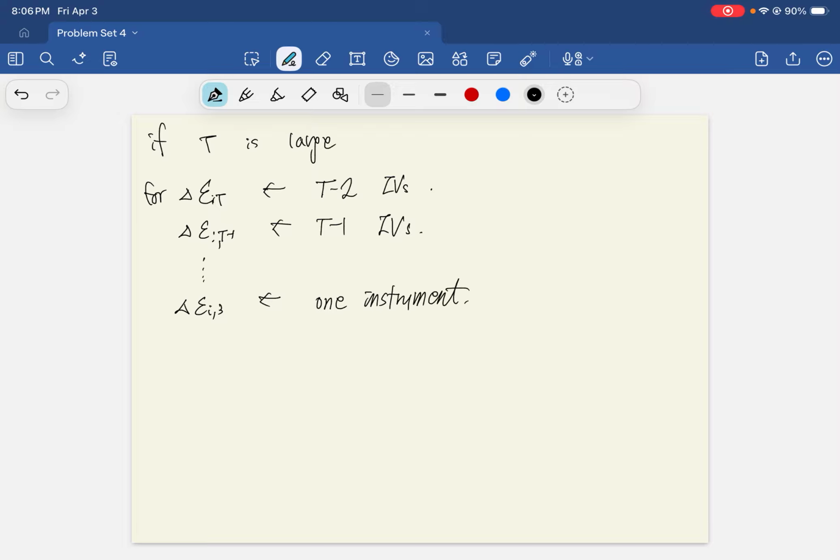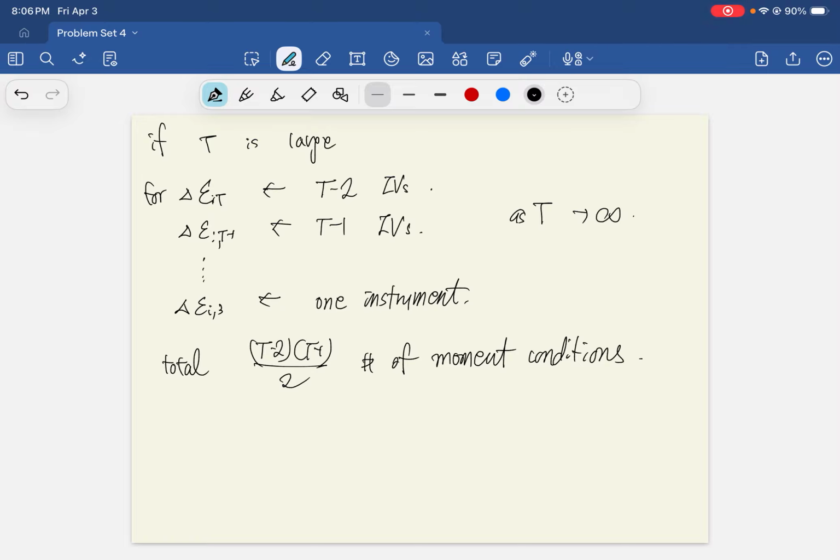So it is a weird and interesting pattern. And as you see, as T goes to infinity, it will explode. The number of IVs will increase very quickly. There are total (T minus 2) times (T minus 1) over 2 moment conditions. Okay, then everything else is pretty straightforward from now on.